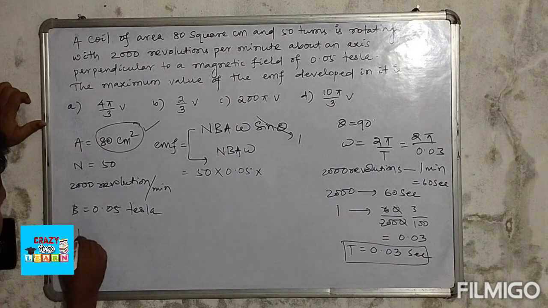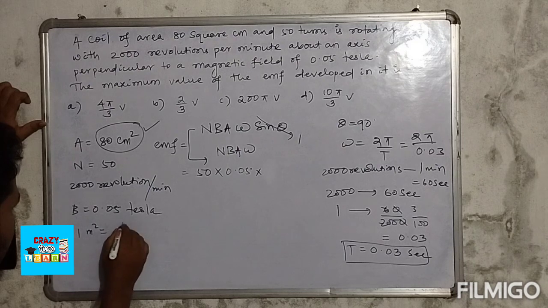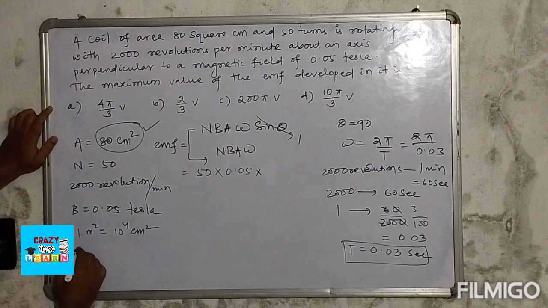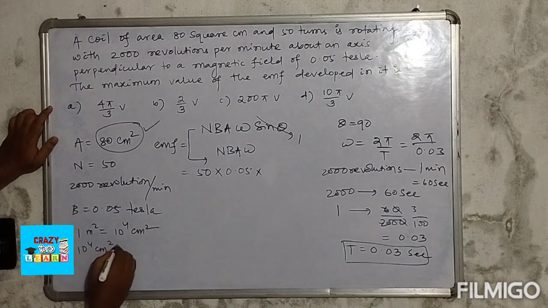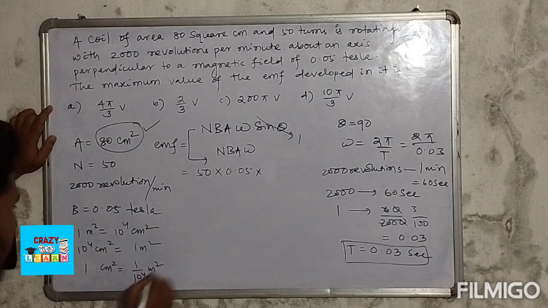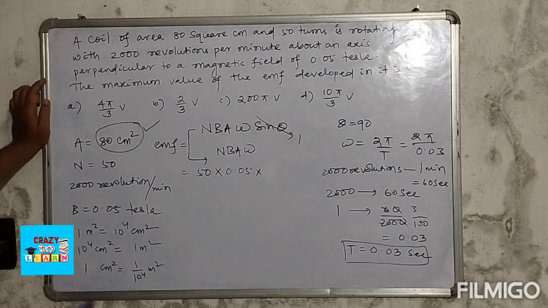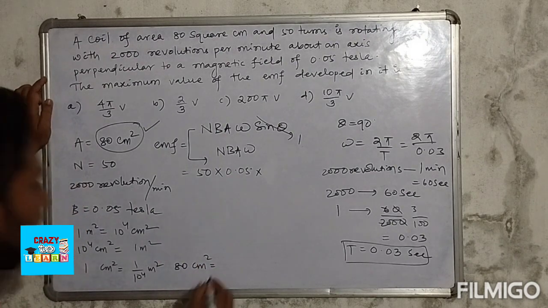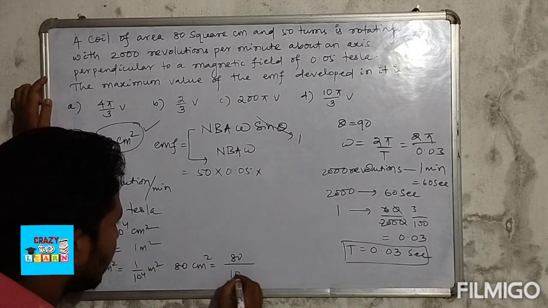We know 1 meter square is equal to 10 to the power 4 cm square. So in the reverse way, 10 to the power 4 cm square is equal to 1 meter square. 1 cm square is equal to 1 by 10 to the power 4 meter square. And 80 cm square is equal to 80 divided by 10 to the power 4.